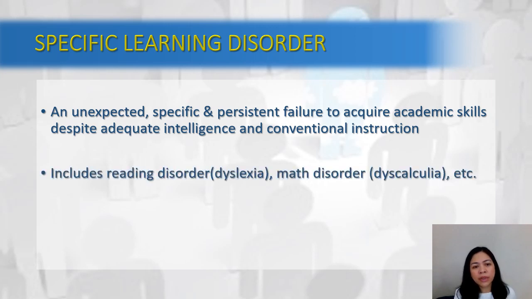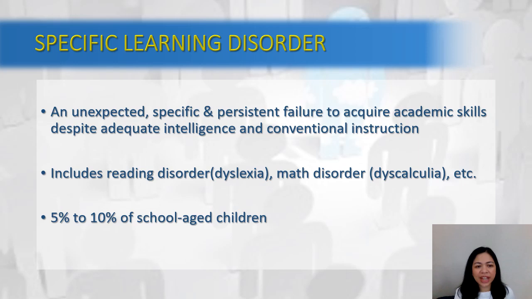So this often refers to a reading disorder, more commonly known as dyslexia, a math disorder, more commonly known as dyscalculia. So when we say specific learning disorder, that's a term being used in the DSM-5. It's like a medical term, but dyslexia and dyscalculia are more like layman's terms. So this affects about 5 to 10% of school-age children.